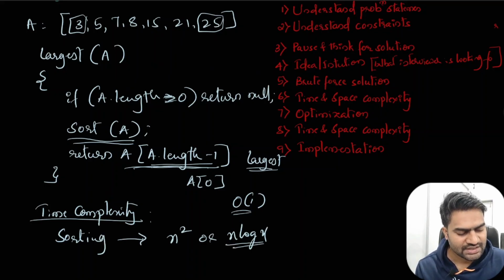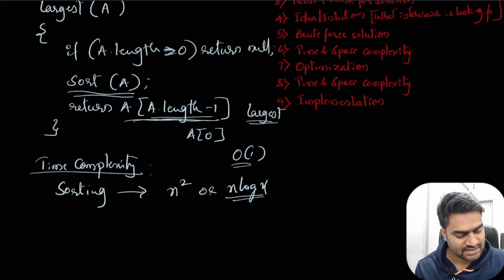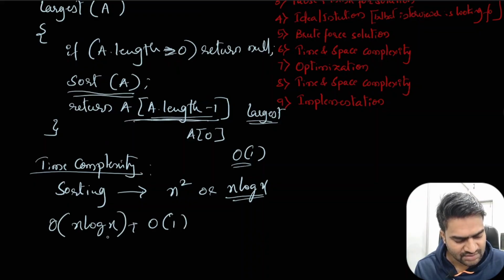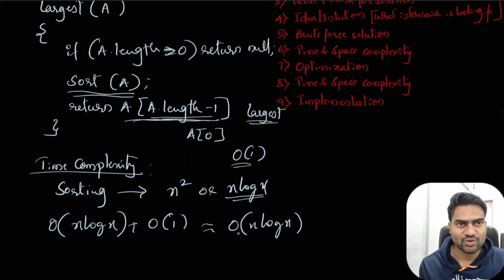So assume it takes n log n time complexity. It means it is going to be order of n log n plus order of 1. So somewhere it is equal to order of n log n time complexity.